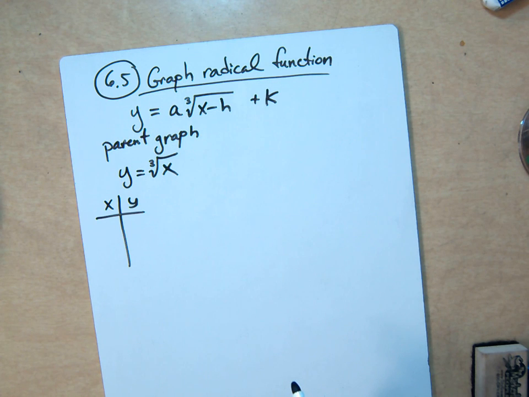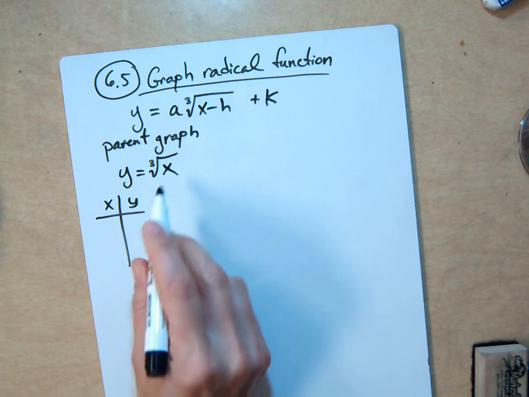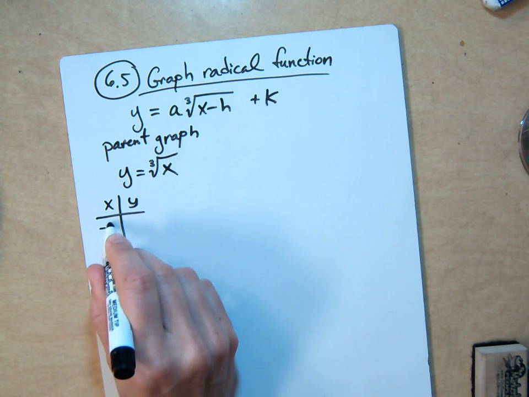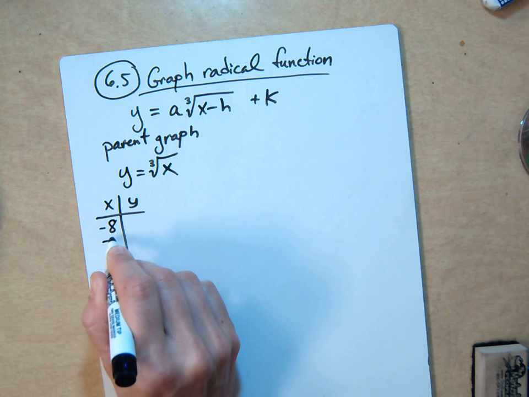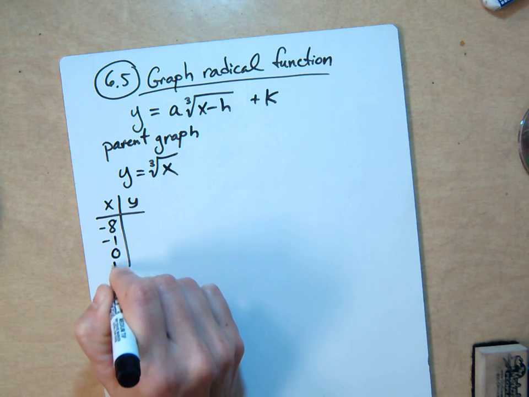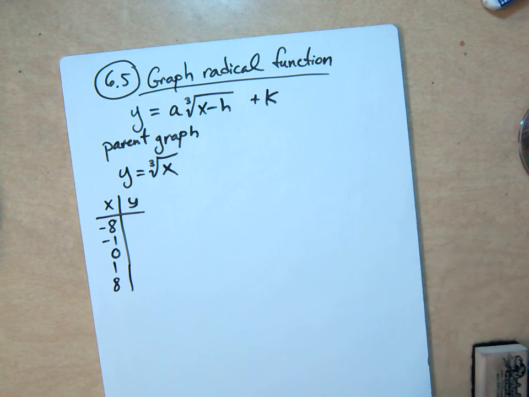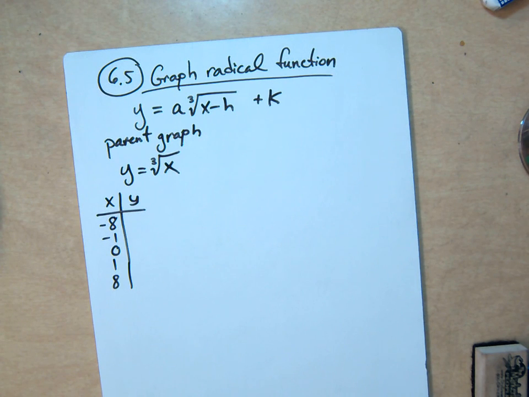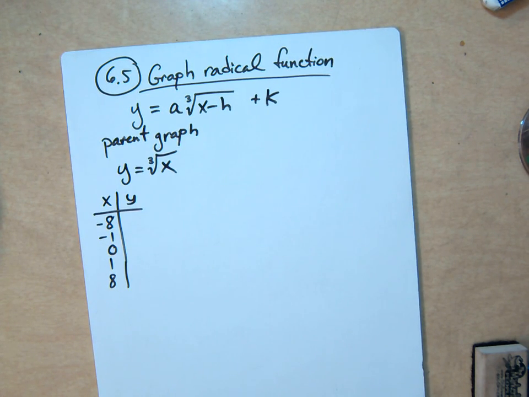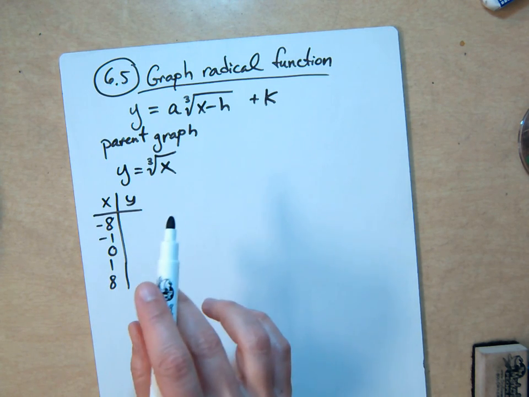So what would be an easy value for cube root? 0 is definitely in there, but I'm also going to do -8, -1, 0, 1, and 8. That pattern is what you want to go after, because those have cube roots. What is the cube root of -8?